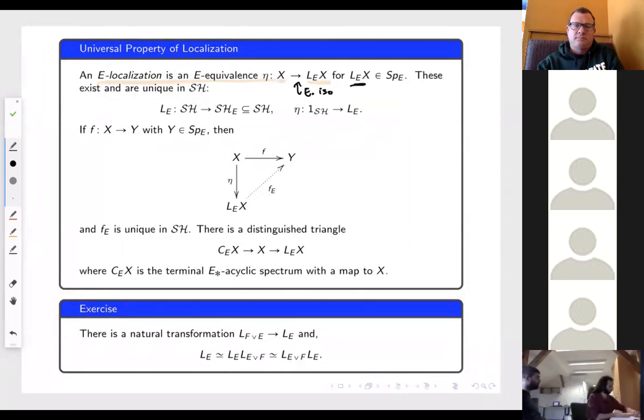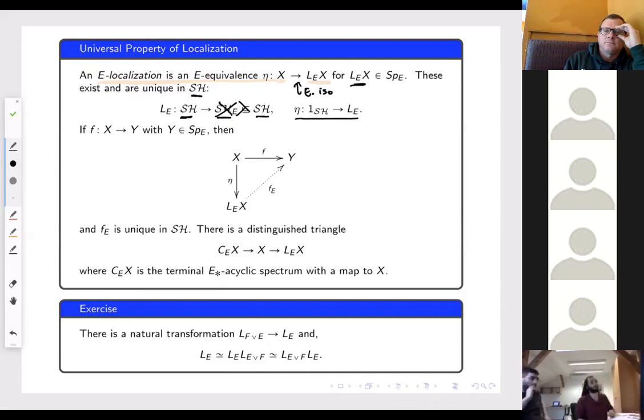Again, theorem of Bousfield: they exist and they're unique in the stable homotopy category, so up to weak equivalence. Because of this, you get a functor from SH to itself. And there's going to be this eta, the localization, which gives a natural transformation from the identity to the functor LE. Now, this LE has the following universal property.